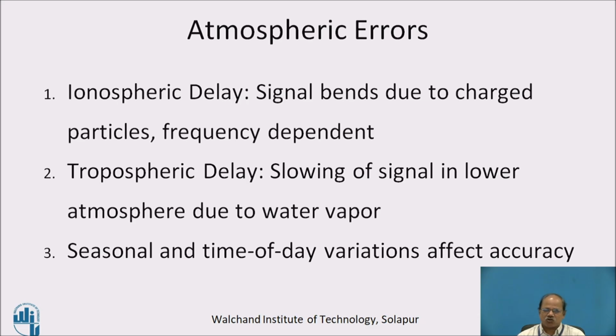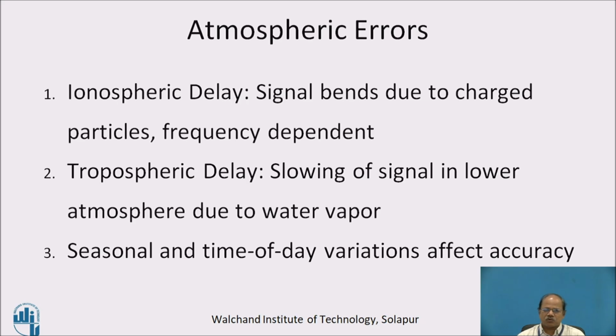If the signal slows down, again the delay is going to happen, and this delay is going to result in inaccuracies in time, which indirectly will influence the range calculations, and thus the respective error will have an impact. The other remaining atmospheric error is seasonal and time of day variations, which will affect the accuracy.